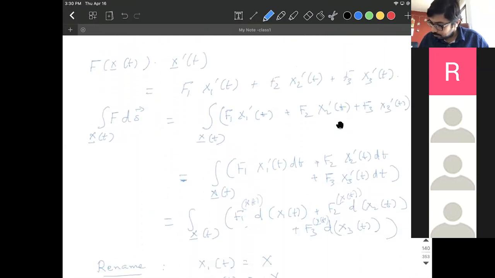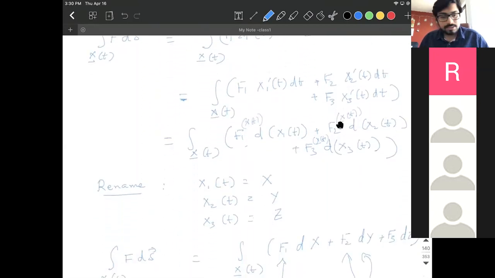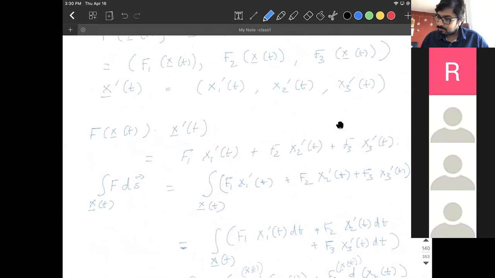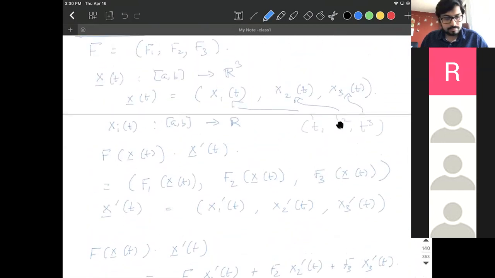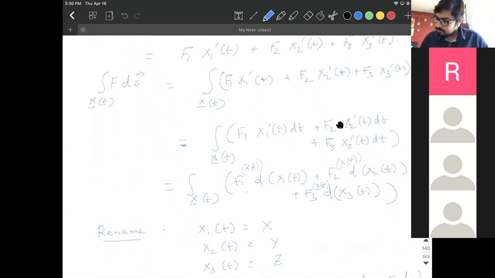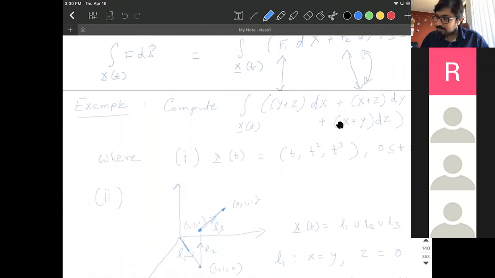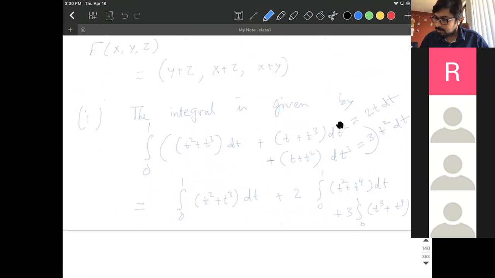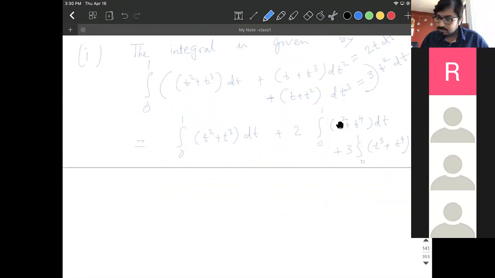Now if you follow the definition, you have to take d of x1t, so it's just d of t, d of x2t, so it should be d of t square, and then d of x3t, which is d of t cube from this definition. That's the reason why we take d of t square and d of t cube.